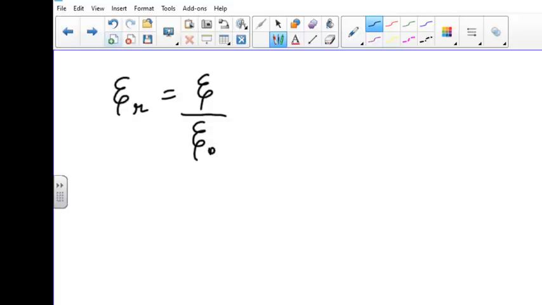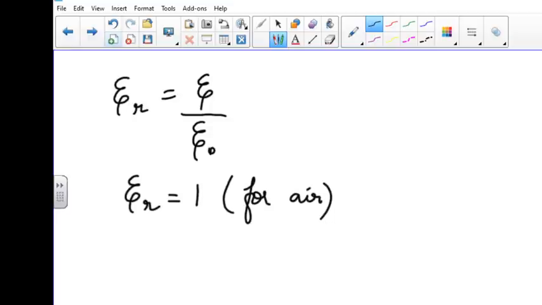And this value is 1 for air. The relative permittivity is 1 for air, and for all other media, epsilon r value is always greater than 1. So we can come to a conclusion that the force in a medium is always less than the force in vacuum. This is the fifth aspect.